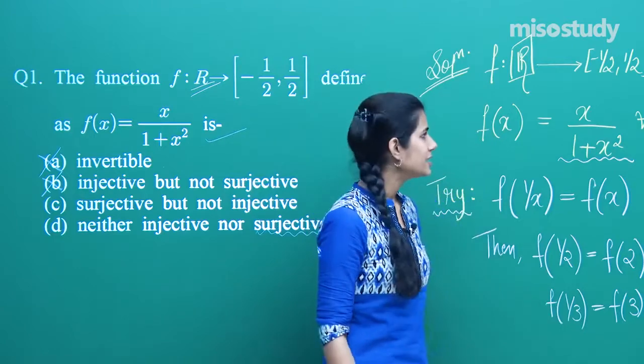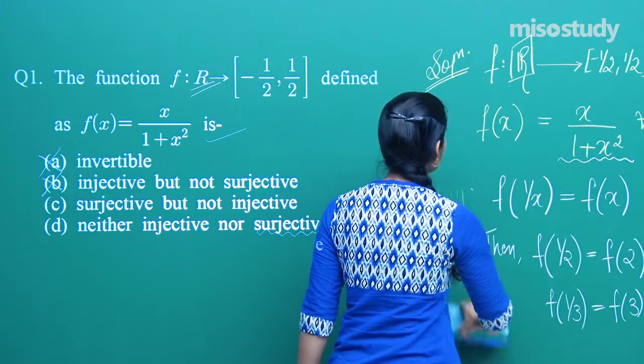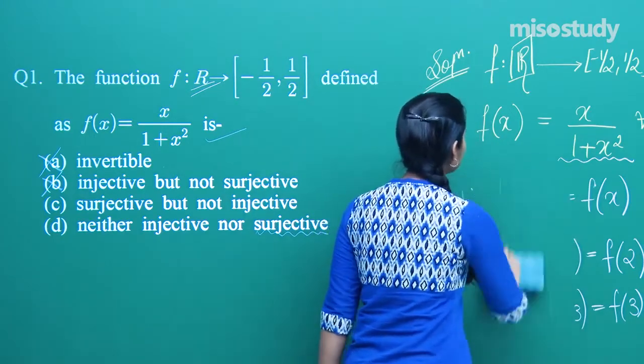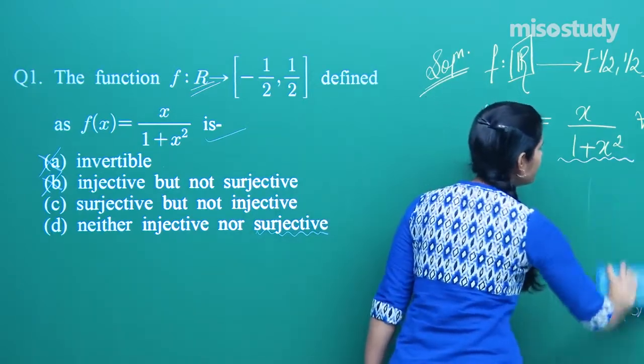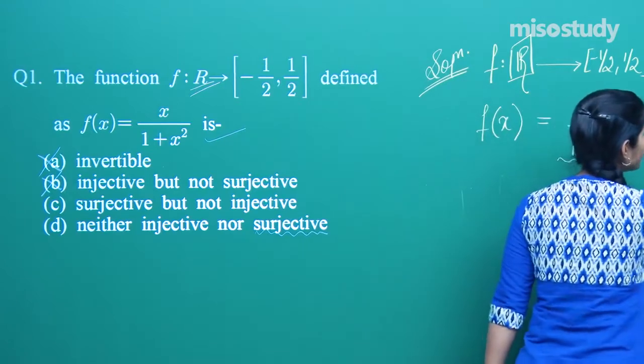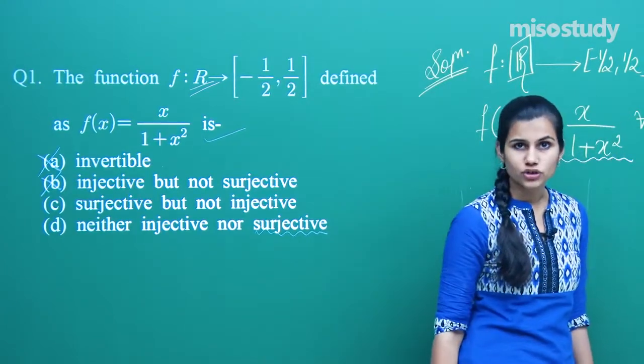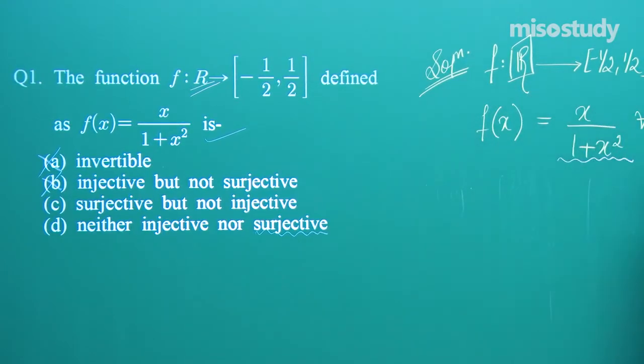Let's get ahead with that. If you remember, in order to check the onto-ness or the surjectivity of the function, it is very important to find the range of the function. And if the range comes out to be equal to the codomain, the function becomes onto. And if the range doesn't come out to be equal to the codomain, the function does not turn out to be onto.